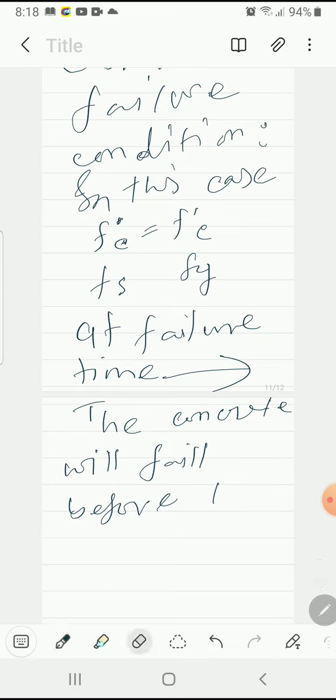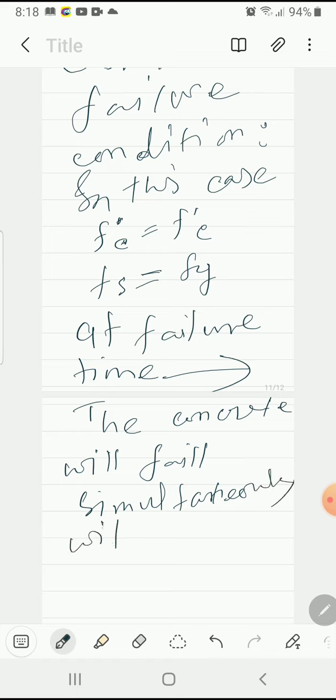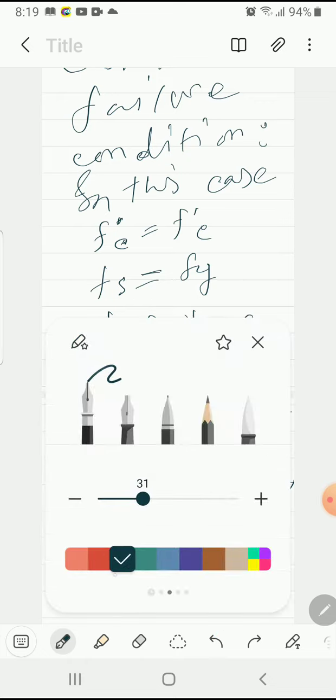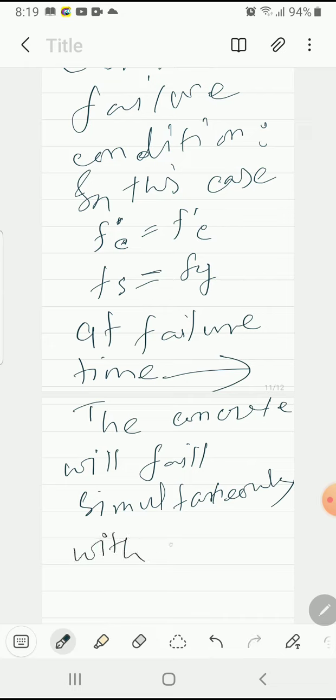Sorry, it will be balanced failure. Fs is equal to Fy. Okay, the concrete will fail simultaneously with the steel yielding.